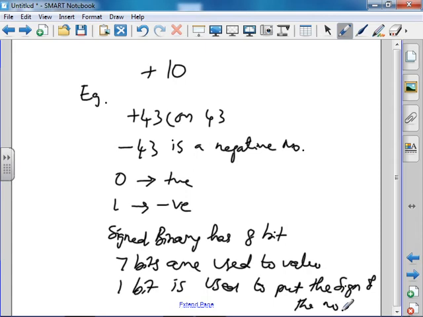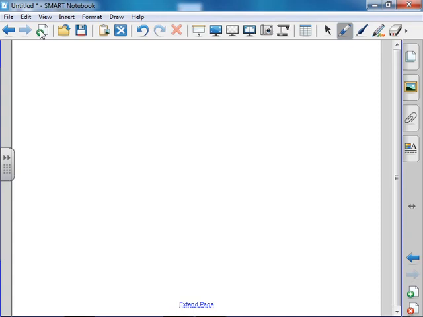Okay, look at this example. Plus 43 is represented in memory as follows. I have already told you, we will use 8 bits, 7 bits for storing values, and 1 bit for sign. So this is an 8 bit number.